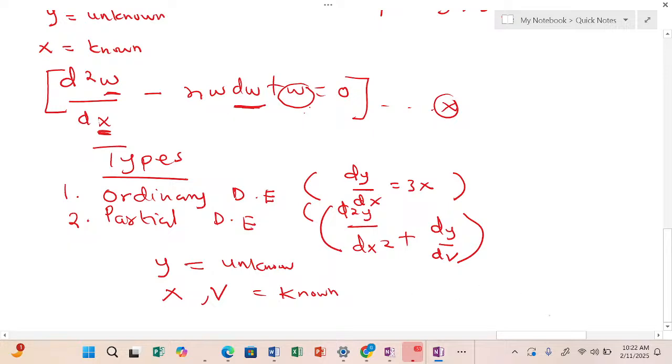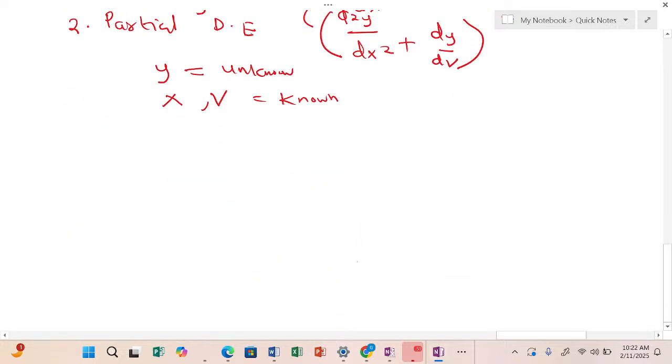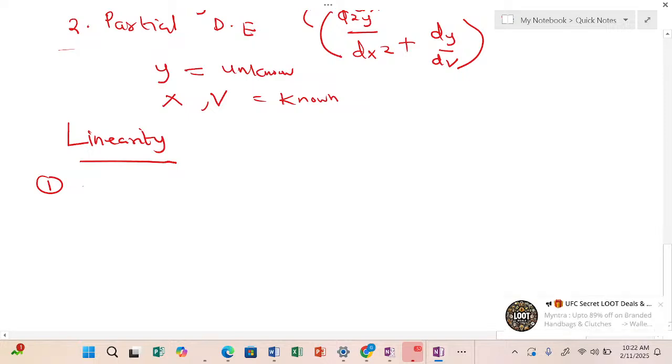So we are moving on straight away to linearity, grouping differential equations with respect to linearity. In terms of linearity, we have three conditions that have to be met. One of them is that the unknown variable itself, together with its derivatives, should have an order of 1, that is, be to the first power.